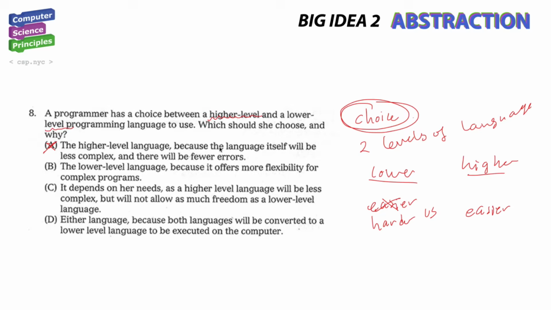Well, higher level is actually easier. There's less complexity in there. Okay, B, the lower level, because there's more flexibility for complex programs. Well, maybe she's not making a complex program, but again, lower level is harder for us. So this one's not making much sense.